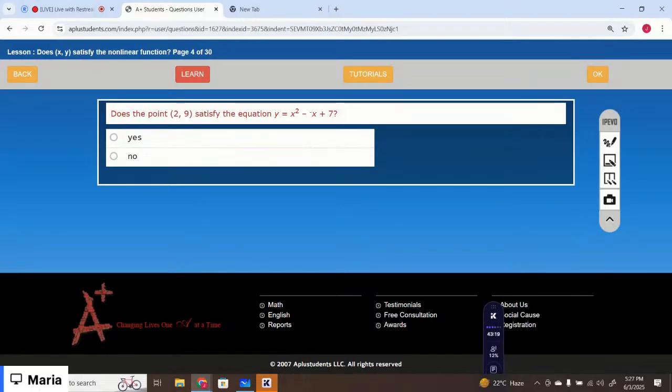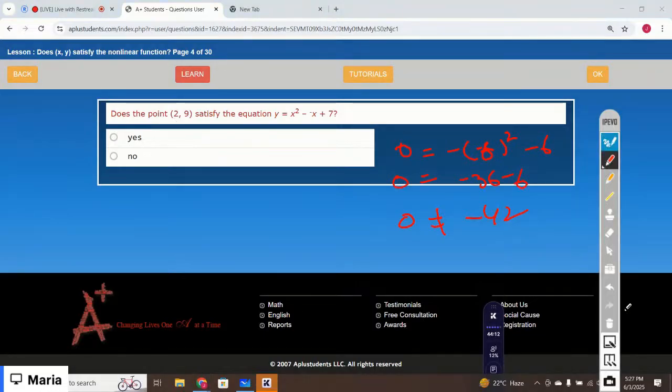Does the point 2, 9 satisfy the equation y equals x squared minus x plus 7? The point is 2, 9, so x is 2 and y is 9.